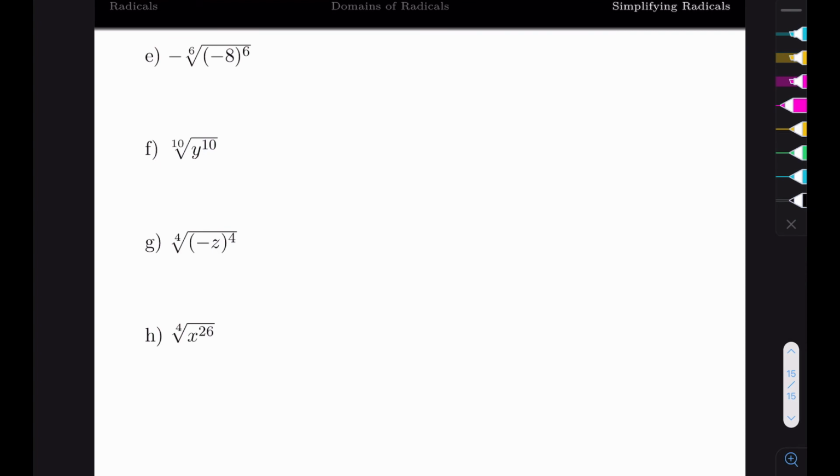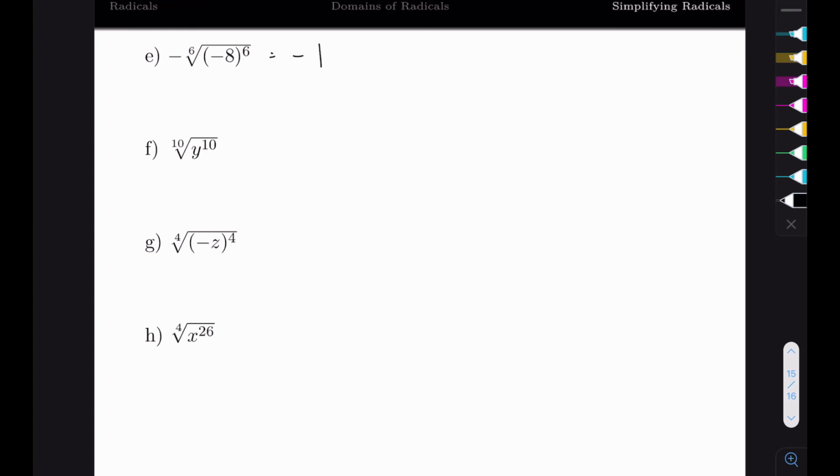For this first one, we've got negative 6th root of negative 8 to the 6. And again, I don't want to say that the 6 and 6th root just cancel each other out just yet. That minus sign is going to stay attached in the front. You could plug this into your calculator, but taking negative 8 to the 6th power would be a gigantic number.